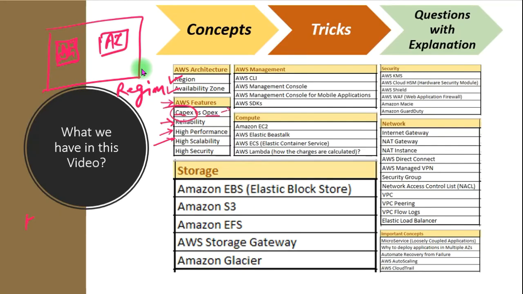We have two types of scalability: horizontal and vertical. As the name suggests, horizontal is something that increases this way. Suppose our application is running on 2 servers and we see there is more traffic. We want to add more servers, then we can add them. That comes under horizontal scaling.